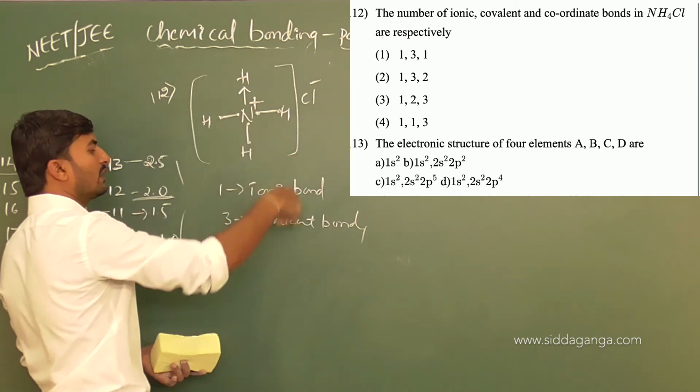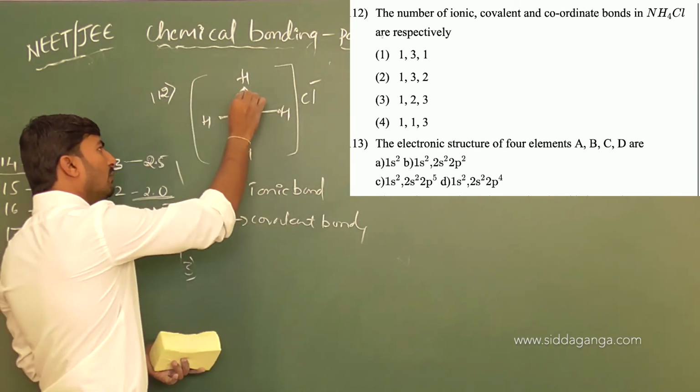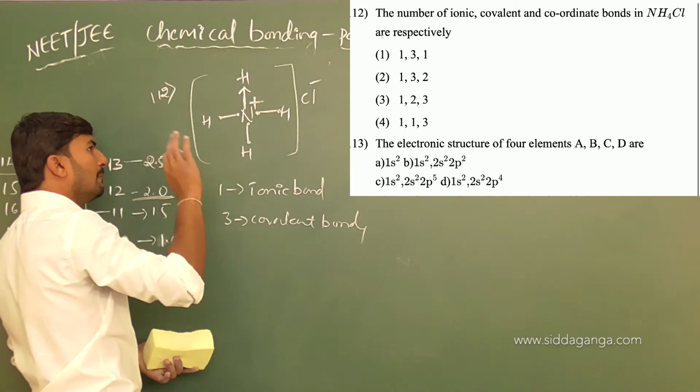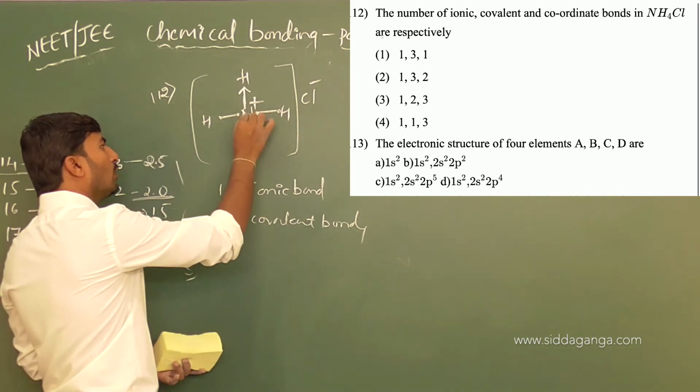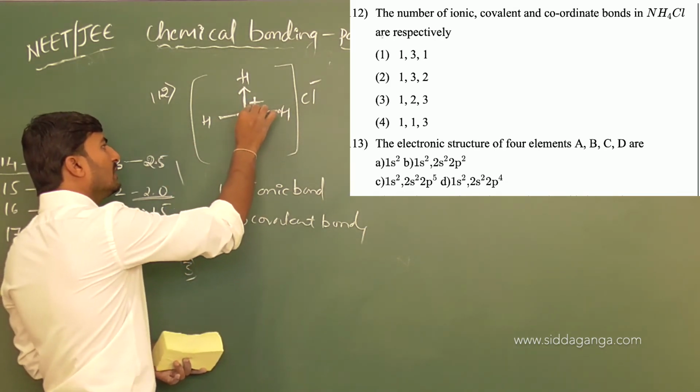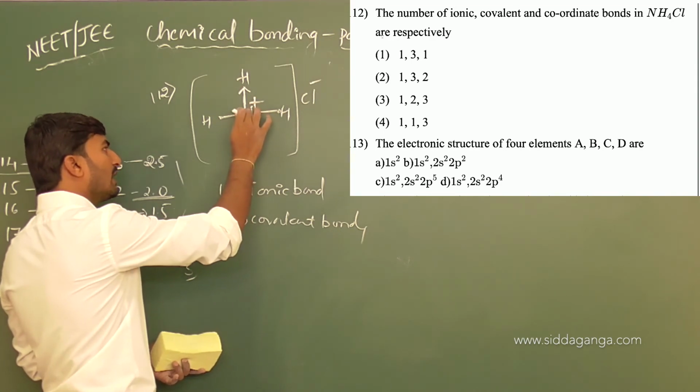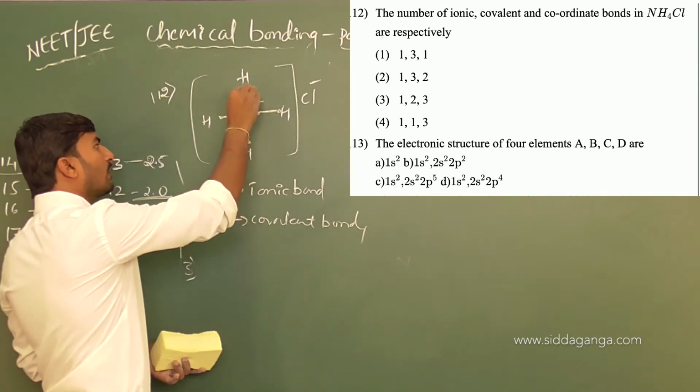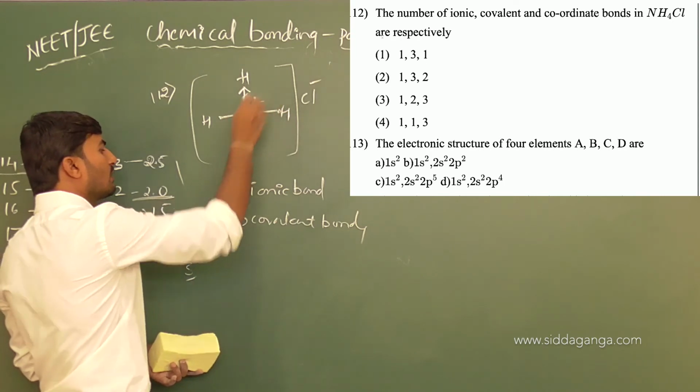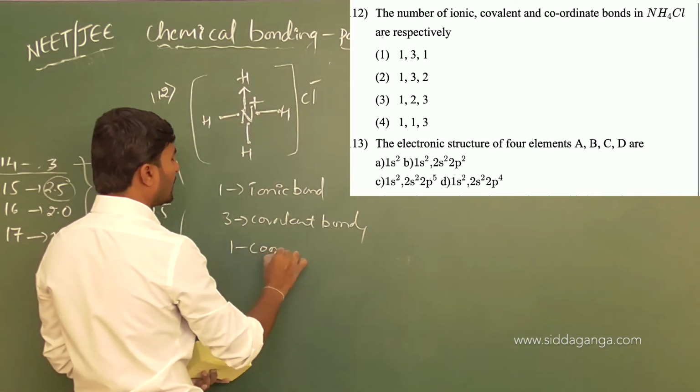These three are the covalent bonds, and the remaining bond is formed by the complete donation of the lone pair of electrons, means the two lone pair electrons in nitrogen are utilized for the formation of a single bond. That nature of that bond is called a coordinate bond.